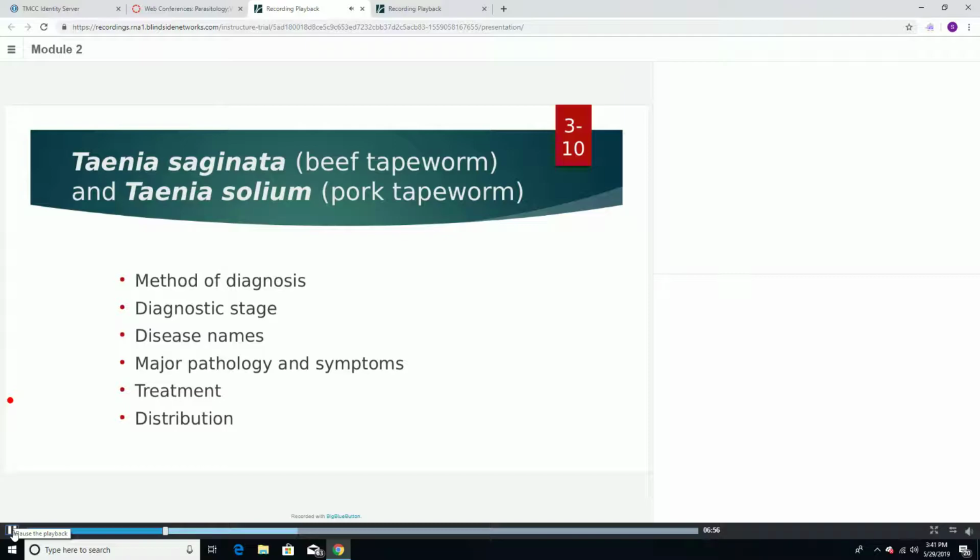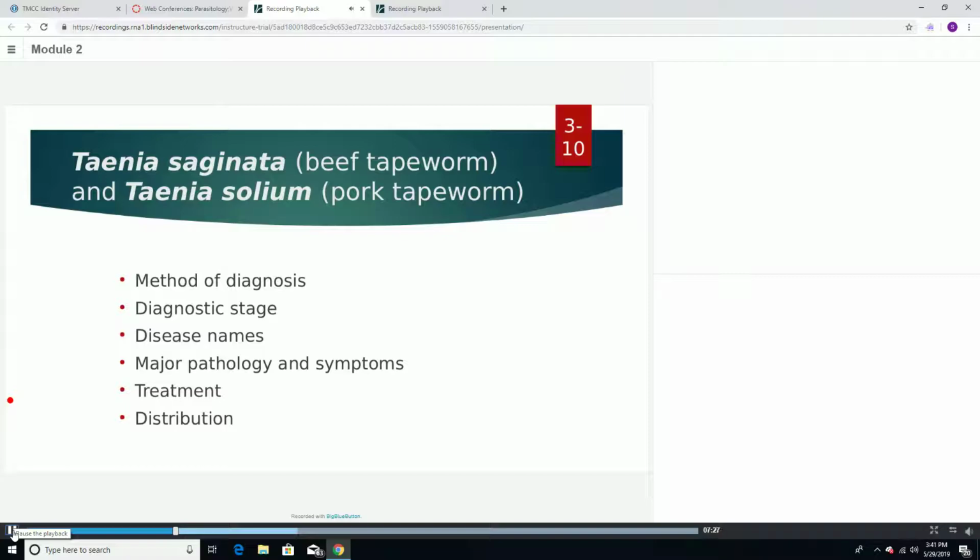Eosinophilia is moderate, so we're not going to have a large number of eosinophils present. Humans can serve as accidental or intermediate hosts for Taenia solium. The eggs of Taenia solium are accidentally ingested and released from a proglottid in the intestinal tract. The eggs will hatch in the intestine and the larvae will migrate to form cysticercus bladders in any organ or nervous tissue.